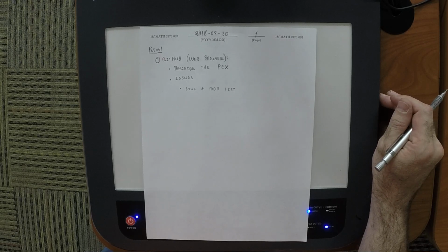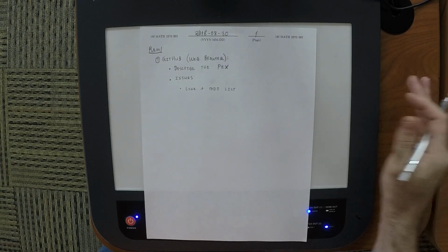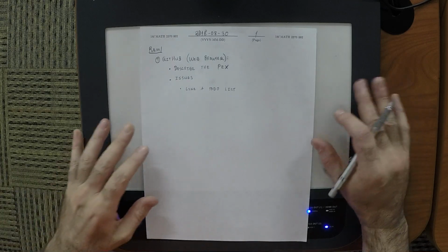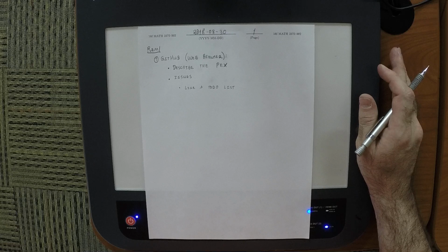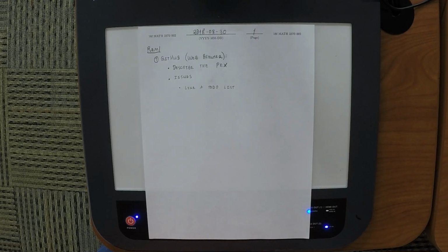You receive an email, and the issue describes just what is not okay, including, you know, the file doesn't even exist. So you get those messages, and then you read the issues. You try and figure out what is wrong, and then you make some edits, and you push those changes to the repo, and then the next time I grade your stuff, I'll get those changes and grade it again.